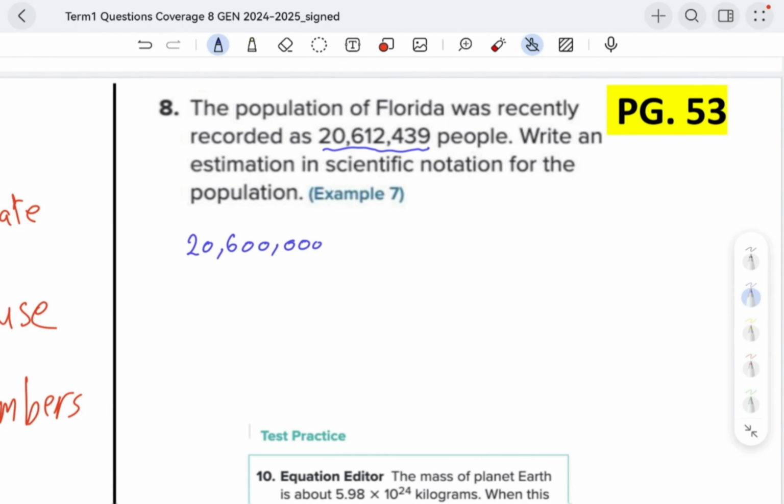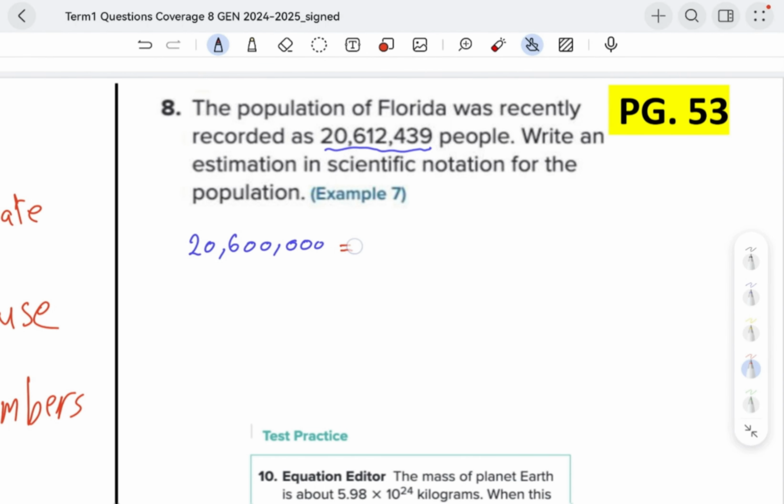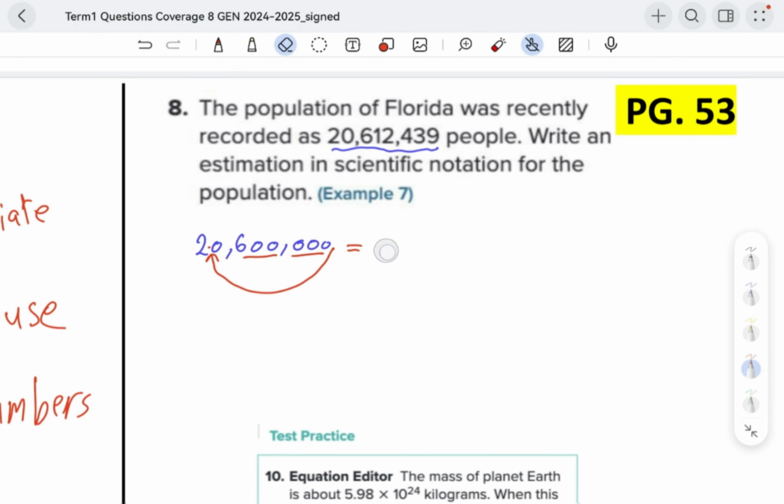And then we're gonna write it using the scientific notation. We're gonna move the decimal point here. We're gonna move it 7 steps to the left, so it will be 2.06 times 10 to the power of 7.